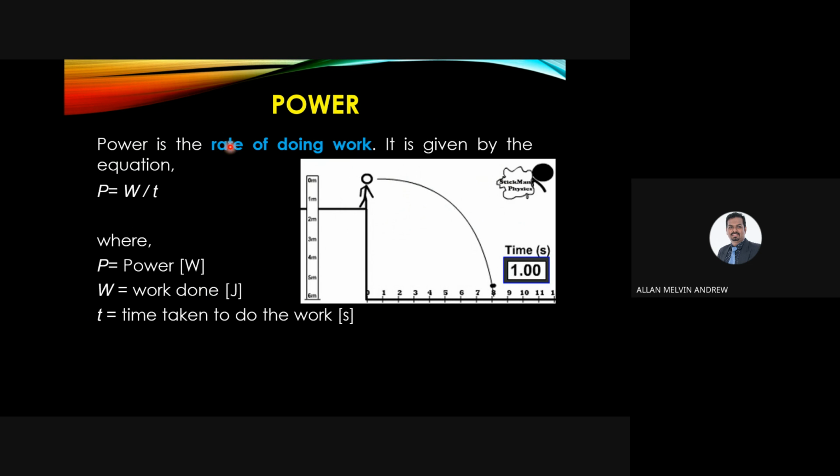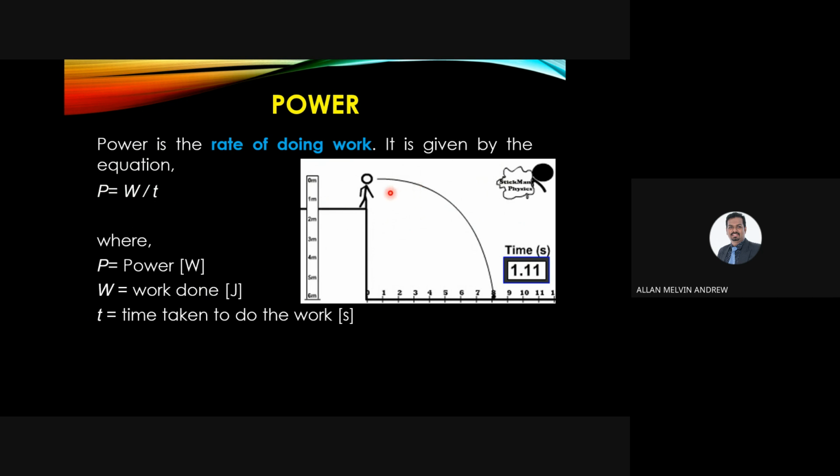Rate is always related to time. So how much work is done in 1 minute? How much work is done in 1 second? That is what we want to calculate. So it is actually the power that is used or generated. The formula for power is P equals work done divided by time.